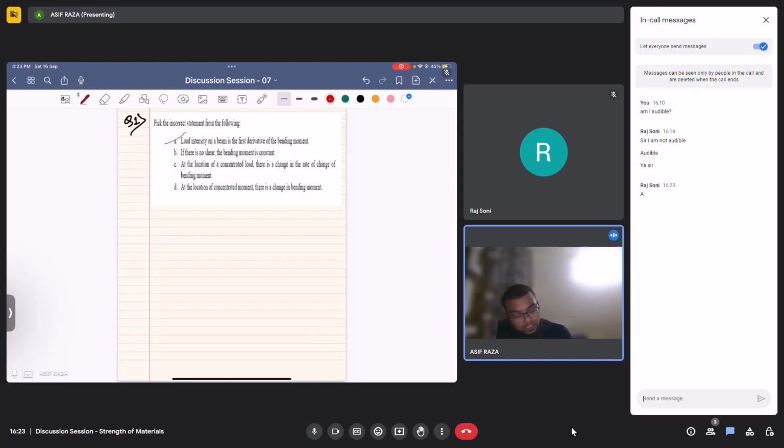The statement in option A says load intensity on a beam is the first derivative of the bending moment. The statement can be corrected to dV/dx is equal to minus q, or d squared M/dx squared is equal to minus q.